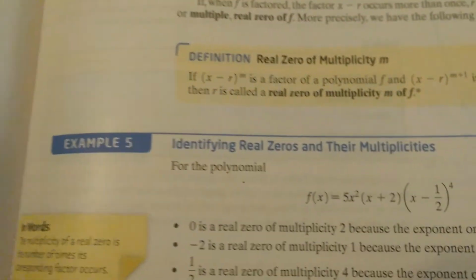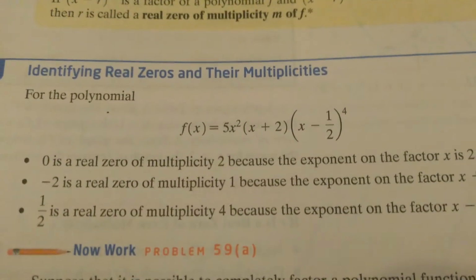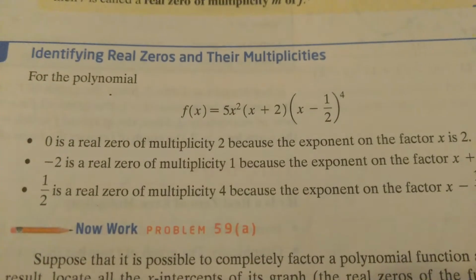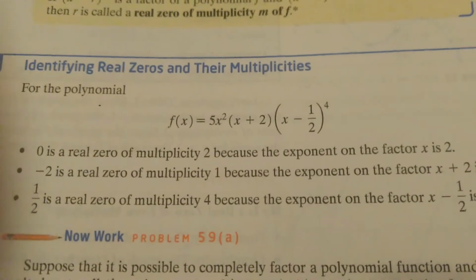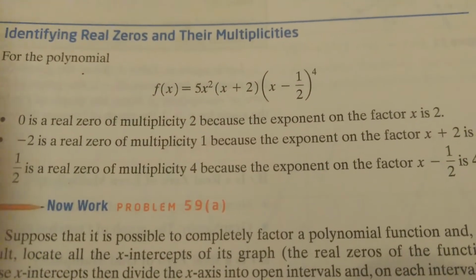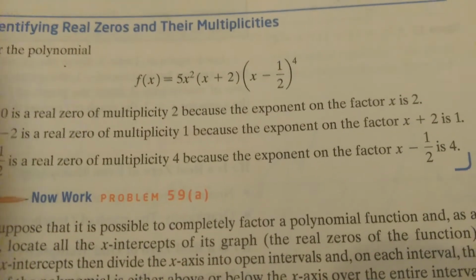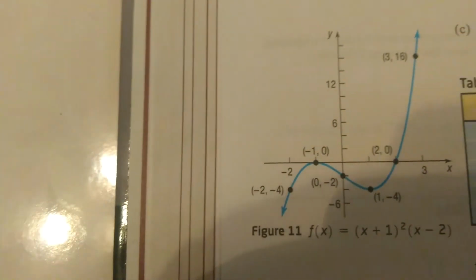So x plus 2 is going to go through negative 2. We would do the same thing with x minus 1/2. We'd set it equal to 0 and find out the 0 is 1/2. This is going to go to the 1/2, touch it, and turn around. If we look at the graph on the other side, we can see this is true.